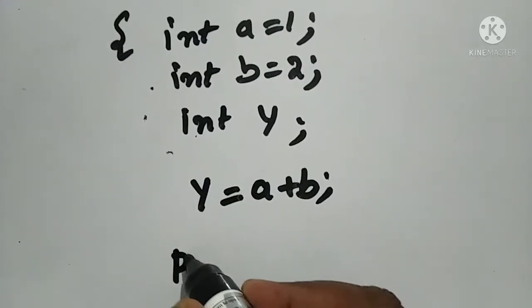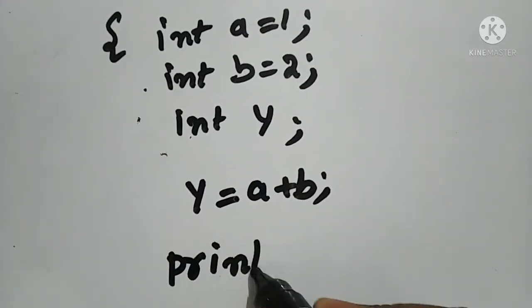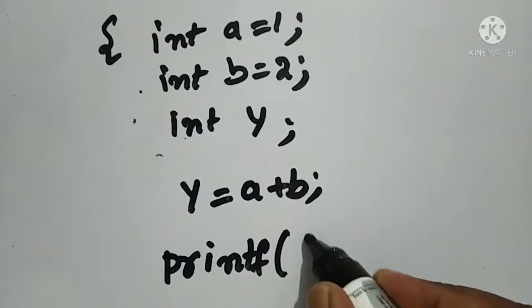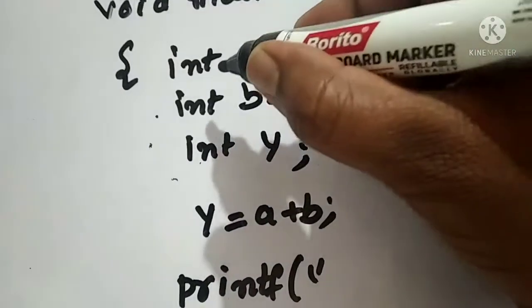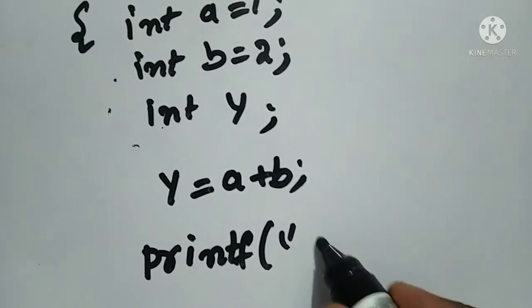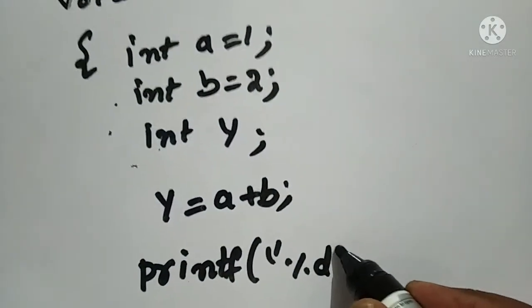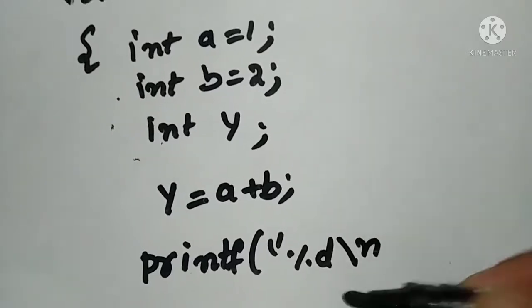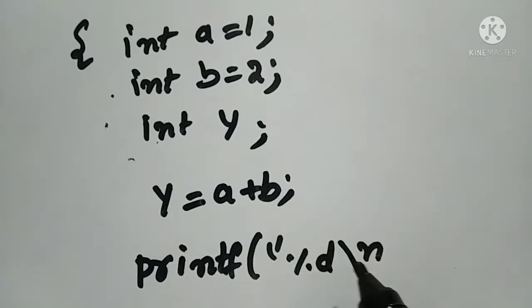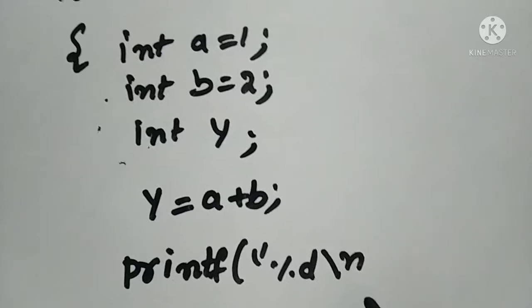In order to display this value, I have to use a keyword called printf. If I am using an integer, then I have to use %d. %d, then \n for a new line if required. If you give a space, then a space will be displayed.